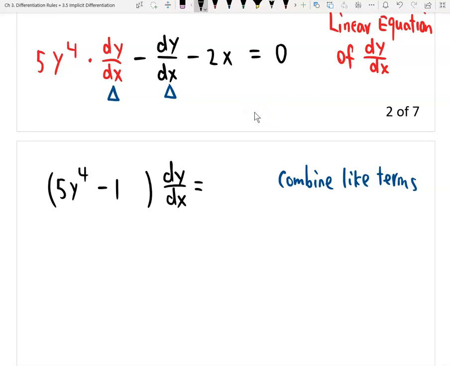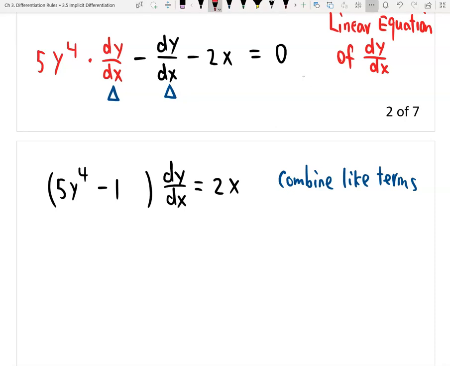This is the coefficient. What is the constant term? We have a negative 2x on the left, so plus 2x to both sides, we get 2x on the right. Now look, it's much simpler.